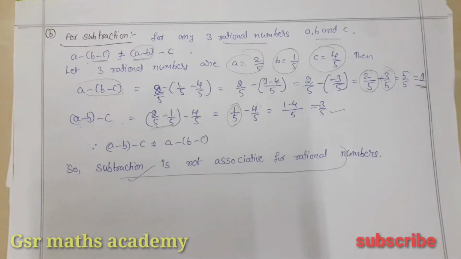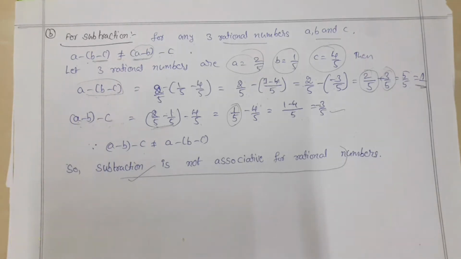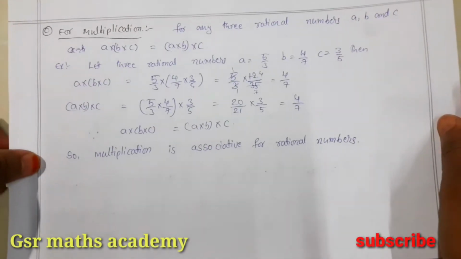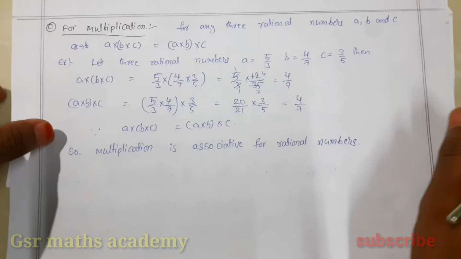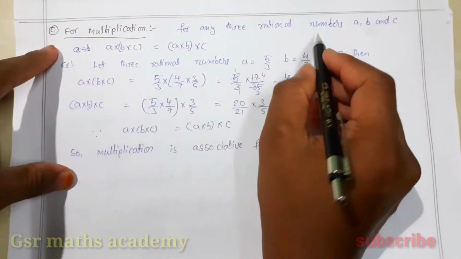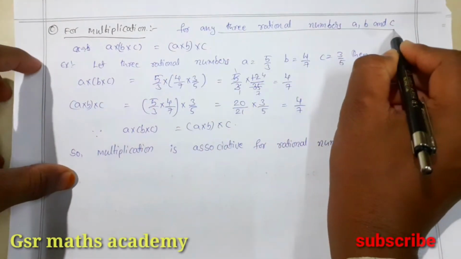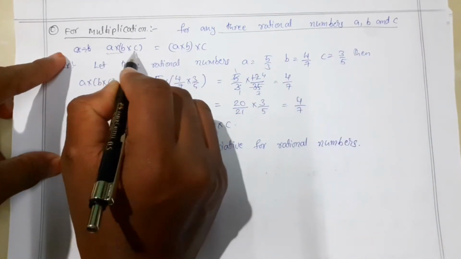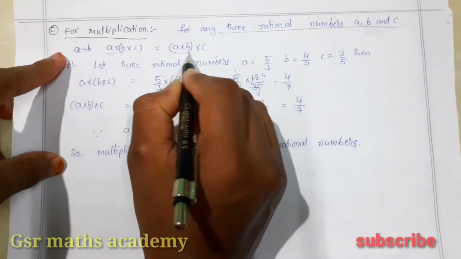Now let us see the associative property for multiplication. What is the associative property for multiplication? It says that for any three rational numbers a, b and c, we have (a into b) into c is equal to a into (b into c).